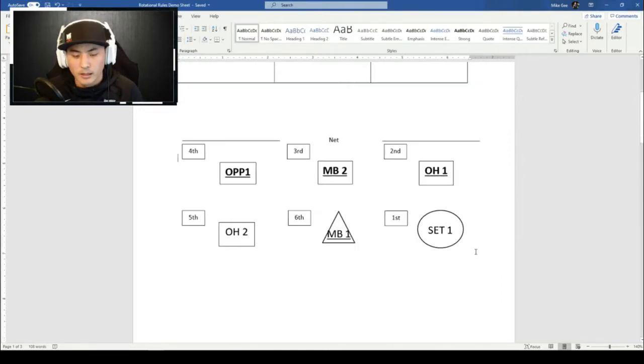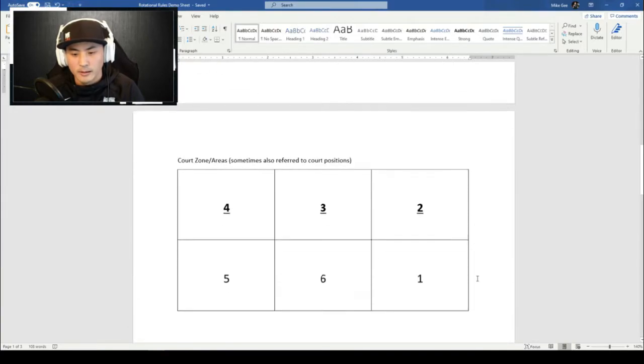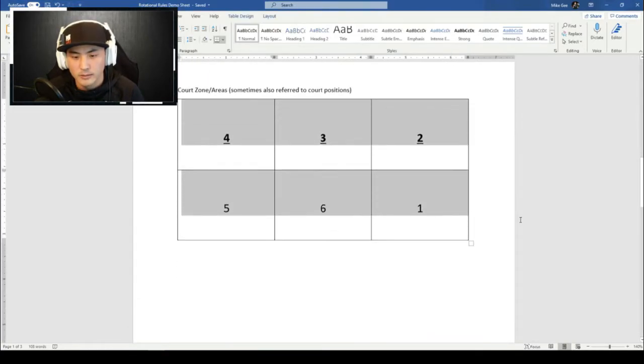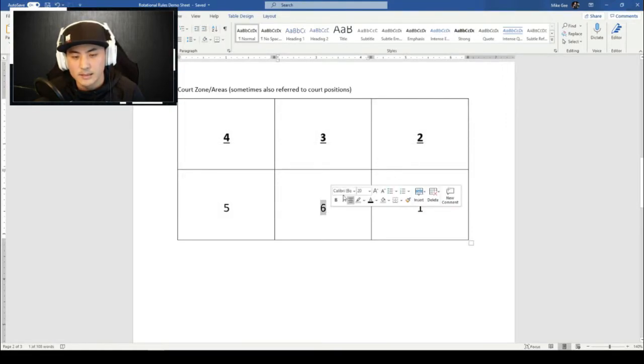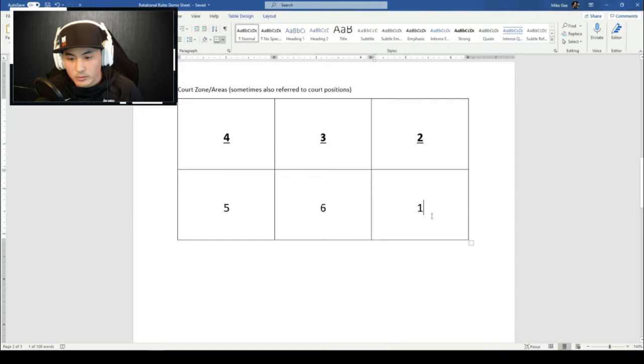What's helpful is for them to learn that the zone positions, area 1, 2, 3, 4, 5, and 6, or court zones 1, 2, 3, 4, 5, 6, are also sometimes referred to as court positions.